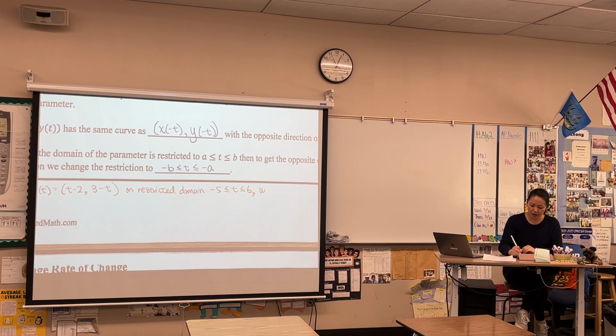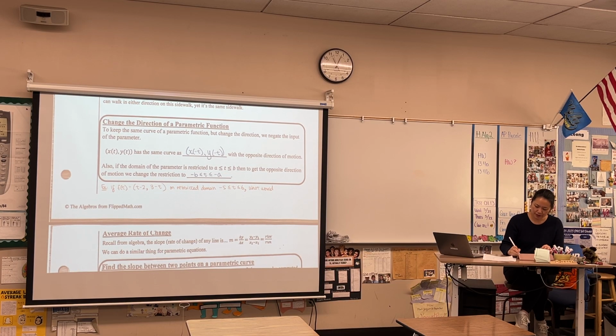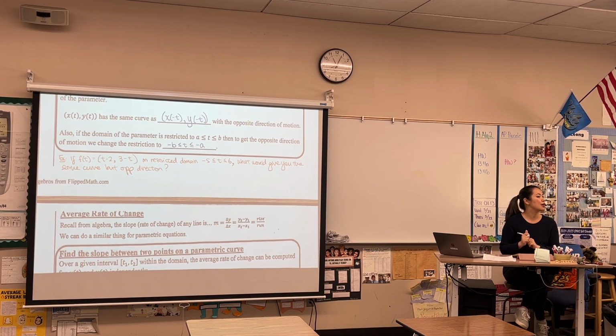I'm going to try to find what would give you the same curve or same graph, but opposite direction. Alright, so if I wanted to do that, I literally would just plug in -t in for my x of t and my y of t.